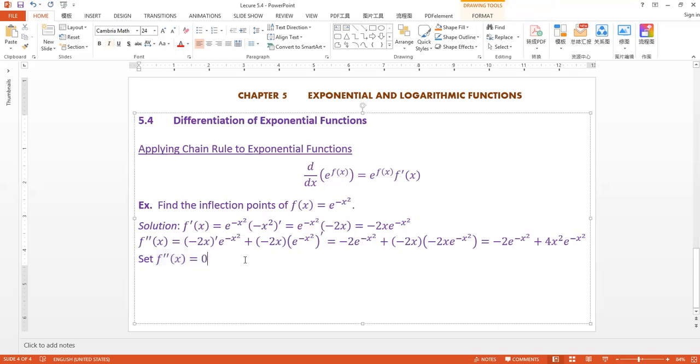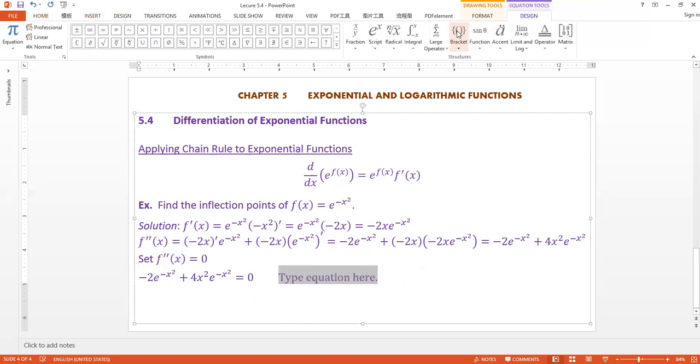So we got this equation equal to 0. Negative 2 e to negative x squared plus 4x squared e to negative x squared equal to 0. And that can be easily solved.